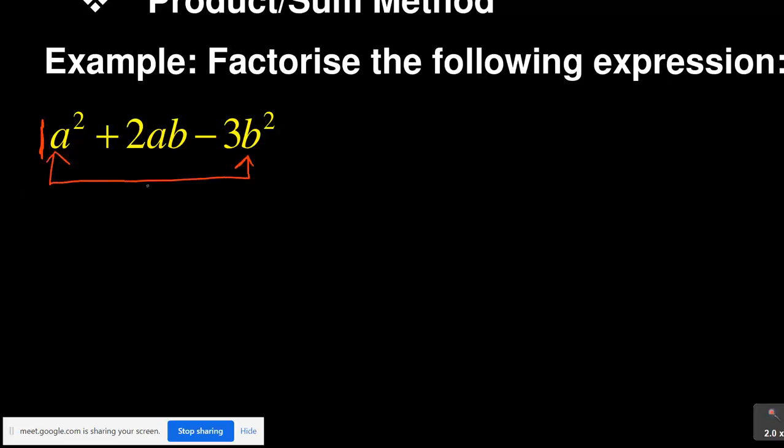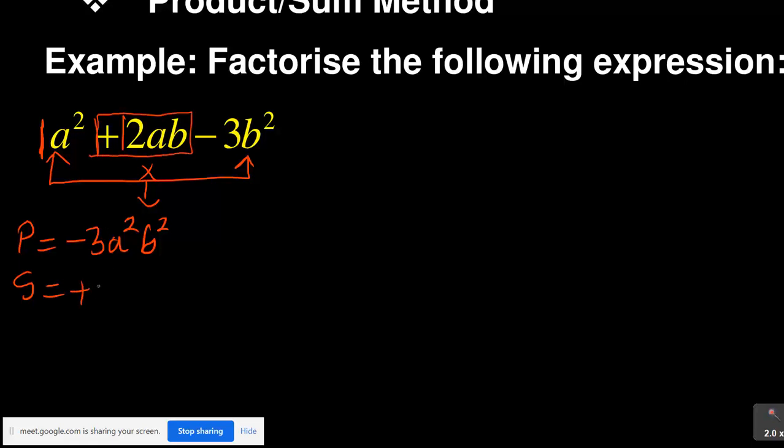Nothing changes. This is your product. So my product here is 1 times negative 3. It's minus 3, and then a squared and b squared. This you must treat just like x squared, so it mustn't confuse you, but I'll show you as we continue. Then the sum is the center number, with the sign, and the sum there is positive 2ab, right?